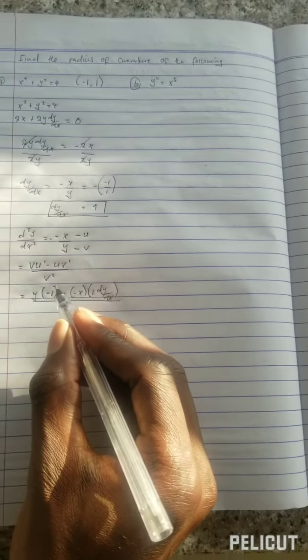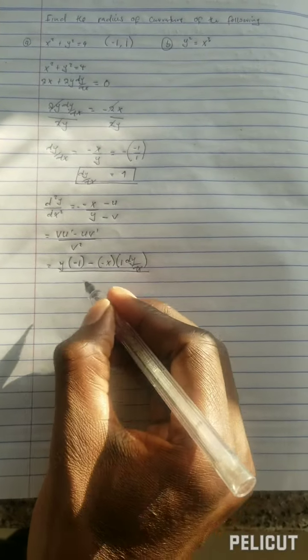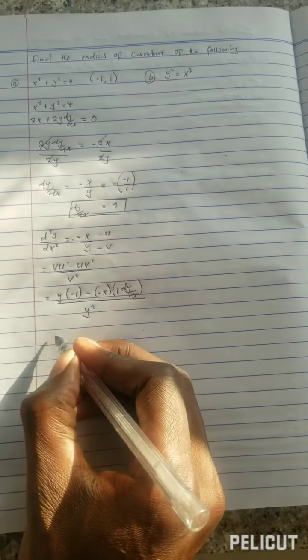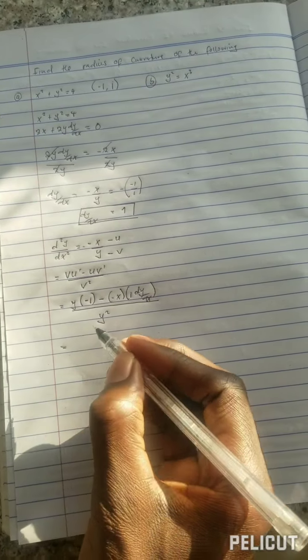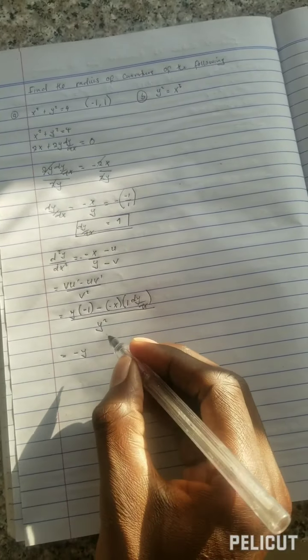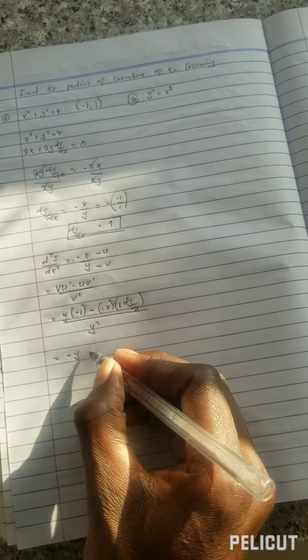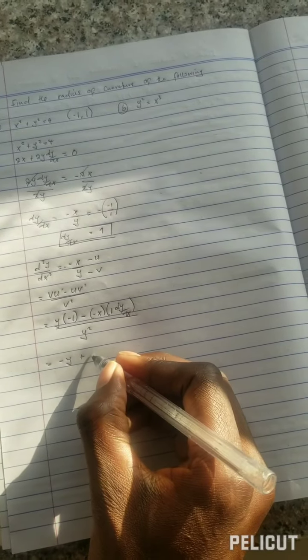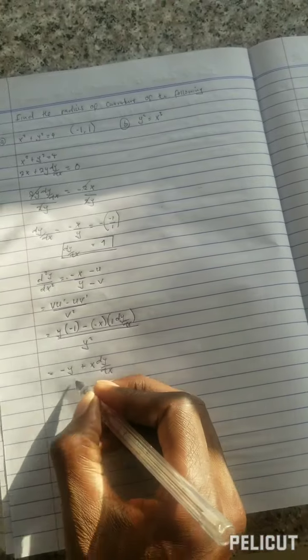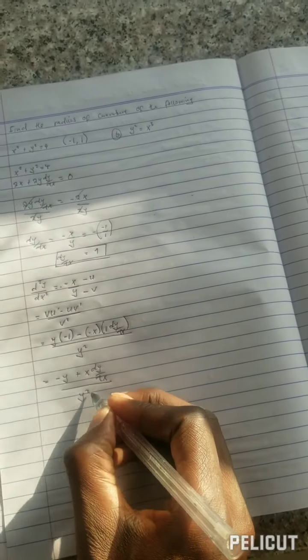Over our v, which is equal to y squared. So by solving this, we'll have minus y, then that will be a positive, so plus x dy/dx over y squared.